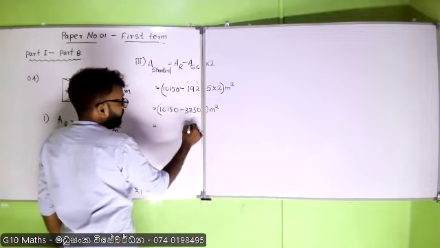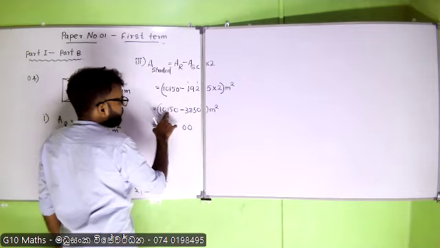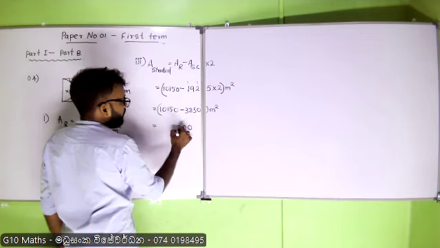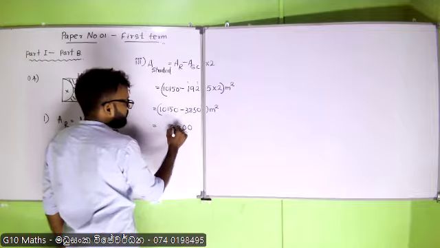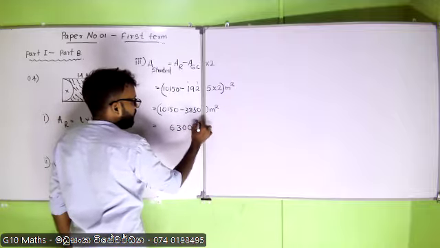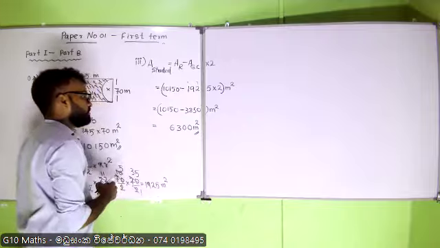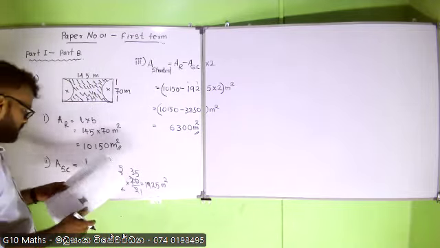Subtracting, 10,150 minus 3,850, 6,300 square meters will be the answer for the last. Correct?